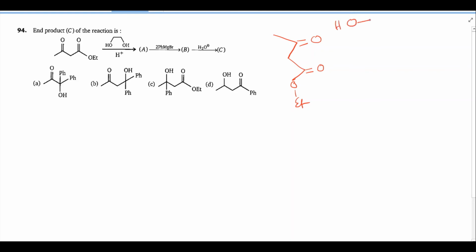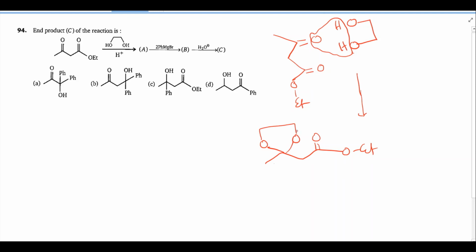What is the part eliminating? Water is going to eliminate. Then what is the product? It is like this.